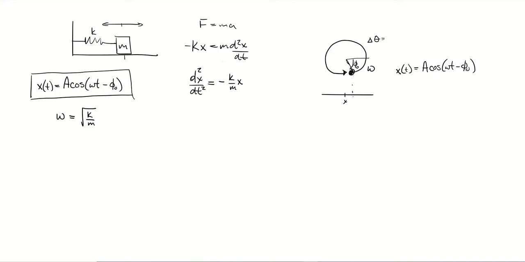Delta theta is equal to omega times t. So we can see how simple harmonic motion is exactly mapped to uniform circular motion.